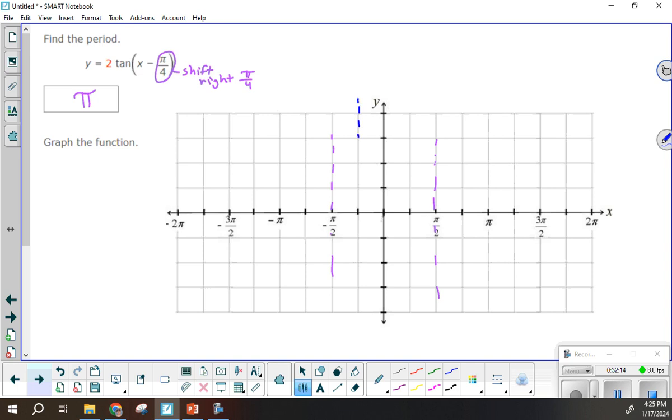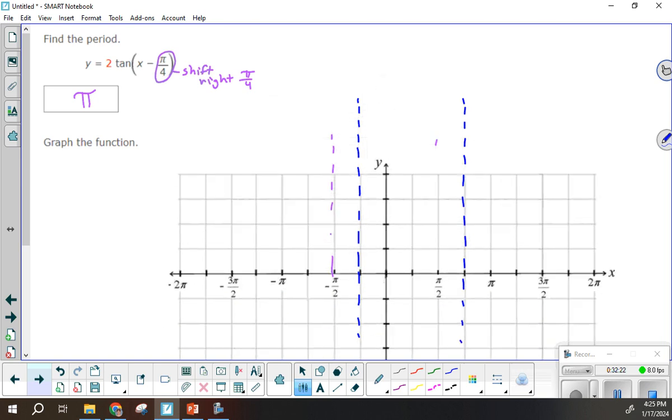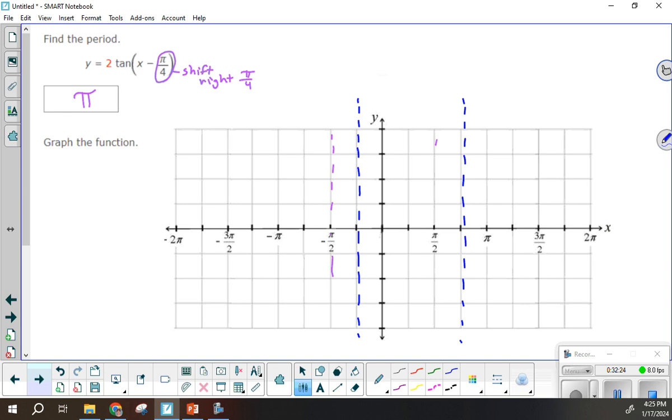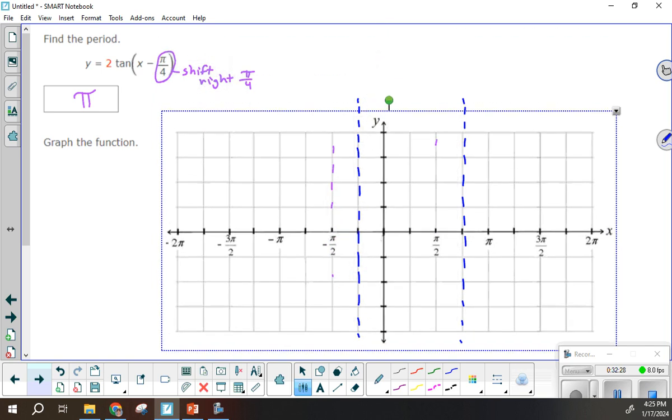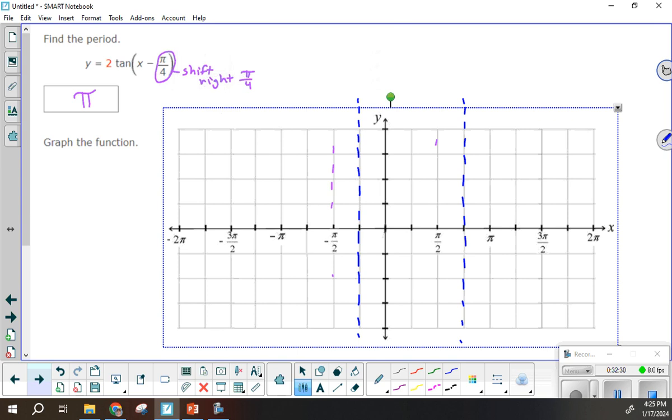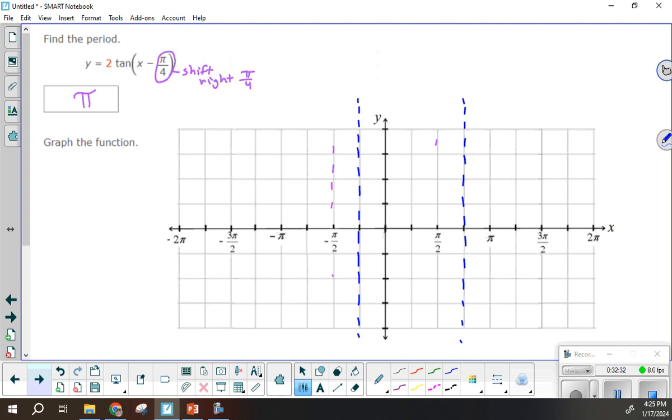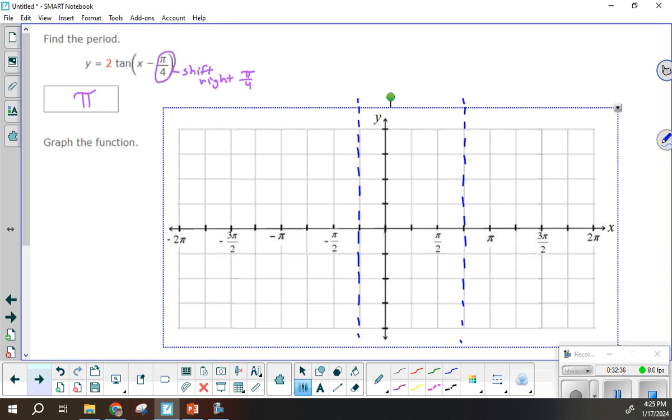So that is going to make my asymptotes here and here. I'm going to erase the original ones. Oh my goodness. Not real sure what happened there. Technology is not loving me today. Okay, good enough.